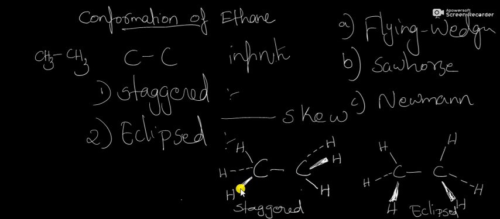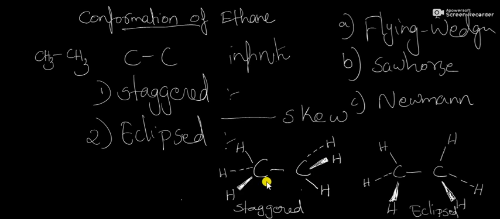Wedges are used to represent bonds above the plane of the paper, and dashed or broken lines stand for bonds lying below the plane of the paper.